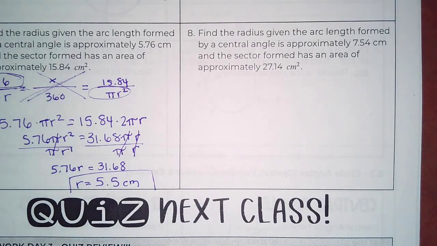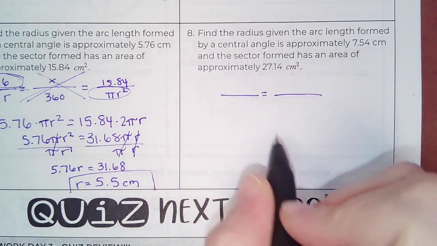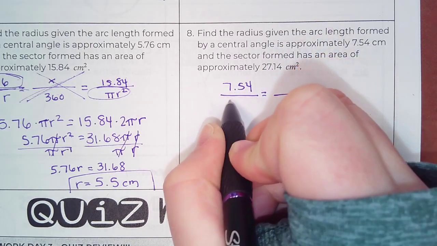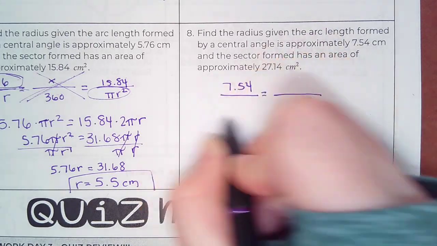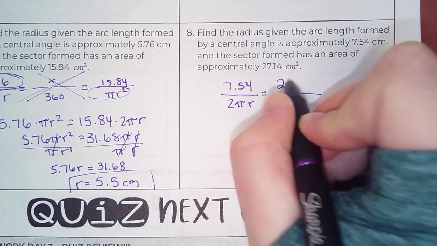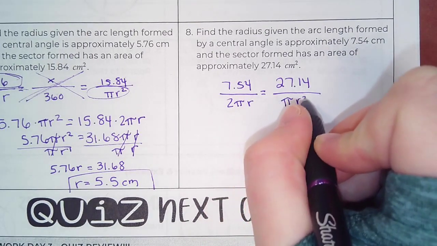Okay, last one here. Let's find the radius given the arc length formed by a central angle is approximately 7.54 and the sector formed has an area of approximately 27.14. So I'm going to set up a proportion here. The arc length formed is 7.54 over the entire circle, which is circumference, so 2 pi r, equals the area, 27.14 of the sector over the entire area, pi r squared.